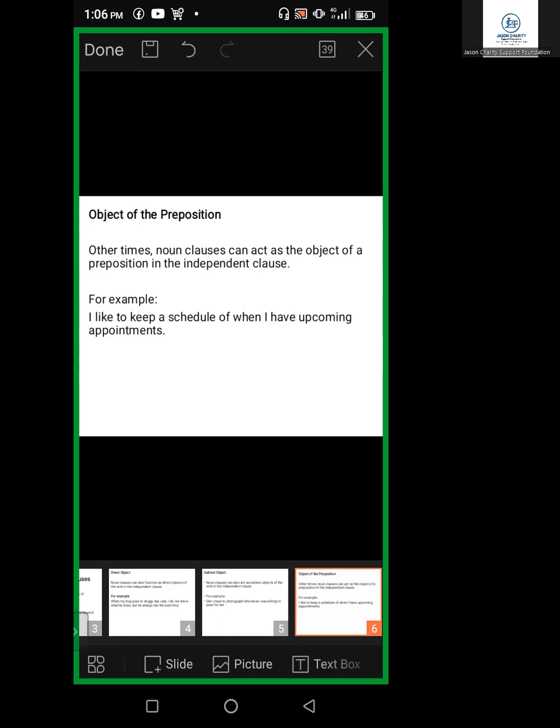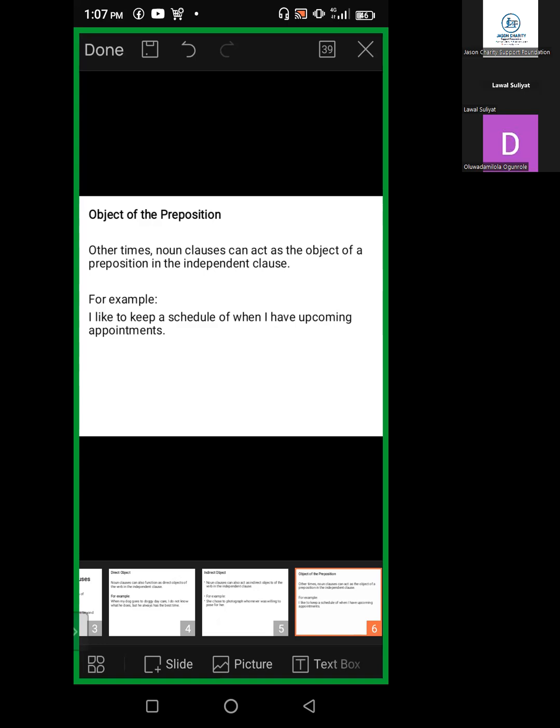Now, our noun clause there is "when I have upcoming appointments," because it is coming after the preposition "of." I like to keep a schedule. "A schedule" there is a direct object, a phrase, but we have a prepositional clause, that is if we start from "of."